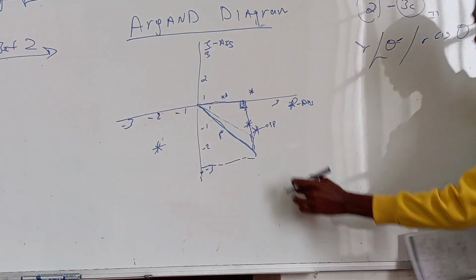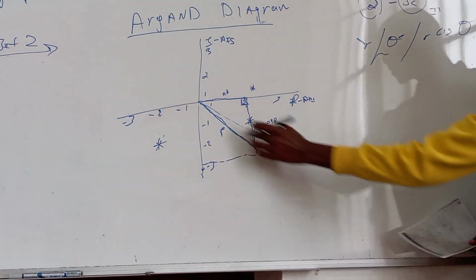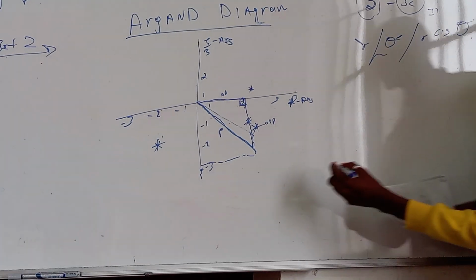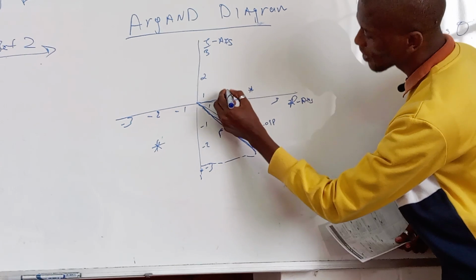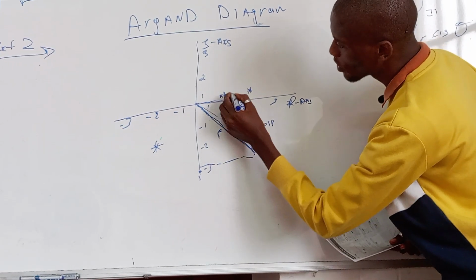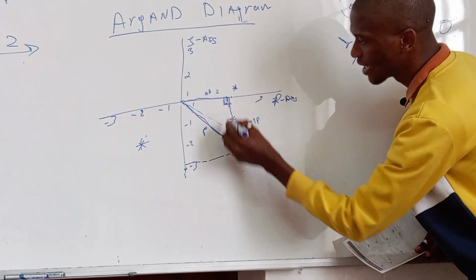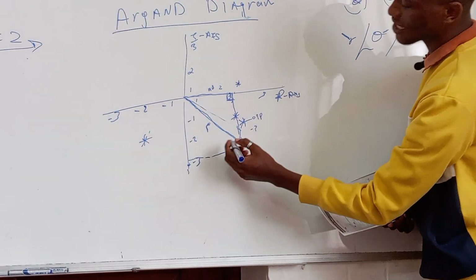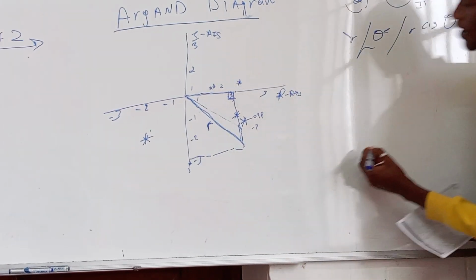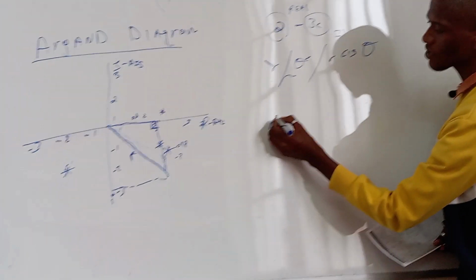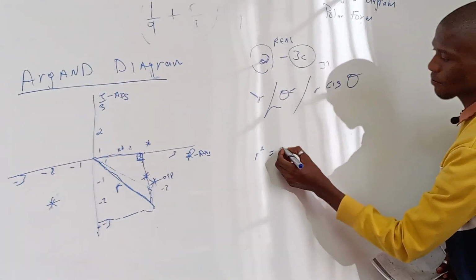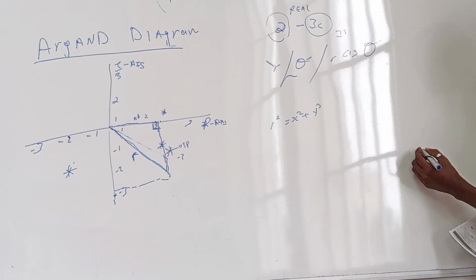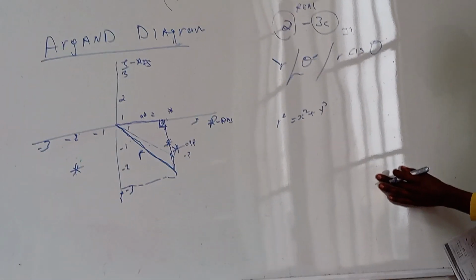This is the distance that we are interested in. This is the distance that we want. And we know from Pythagoras theorem that from here to here it's 2, and from here down here it's 3, right? So here you can make use of Pythagoras theorem and find the value of r. r squared is x squared plus y squared.